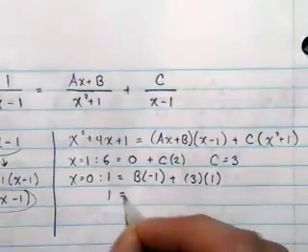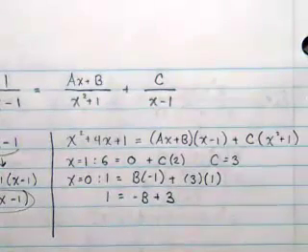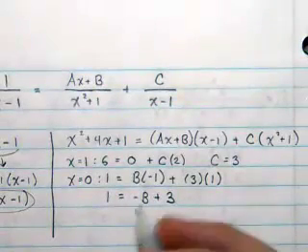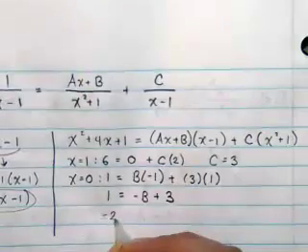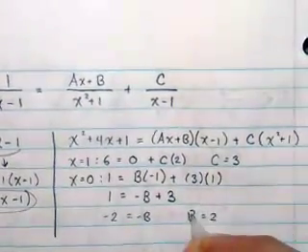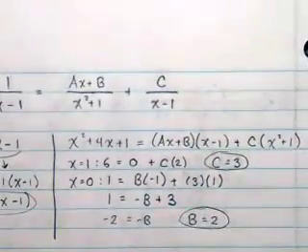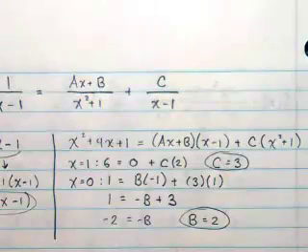So 1 equals negative b plus 3. So we subtract the 3 to the other side. That's negative 2 equals negative b, so b is 2. So we got c, we got b. Now we got to find a.